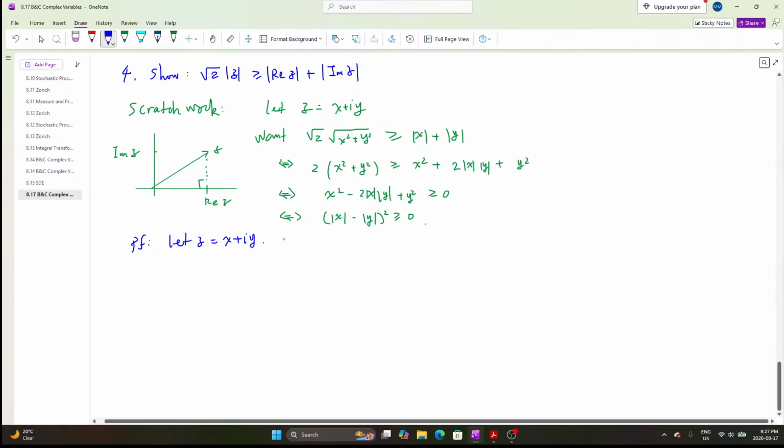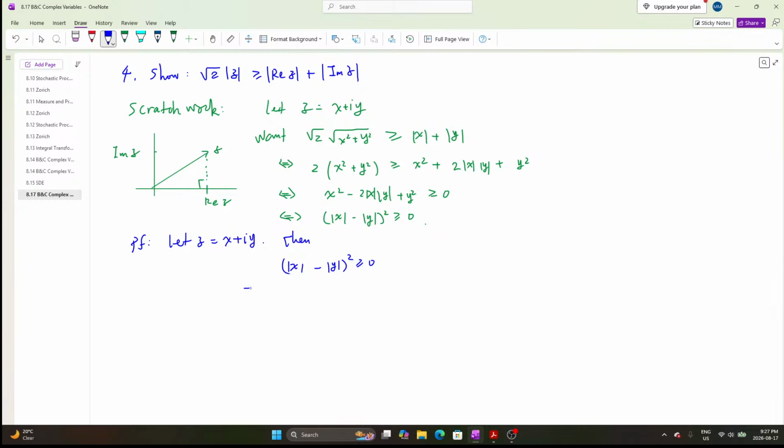Then we have the quantity absolute value of x minus absolute value of y, squared, to be positive. So by expanding that, we get x squared minus 2 times x times the absolute value of y plus y squared to be greater or equal to 0.